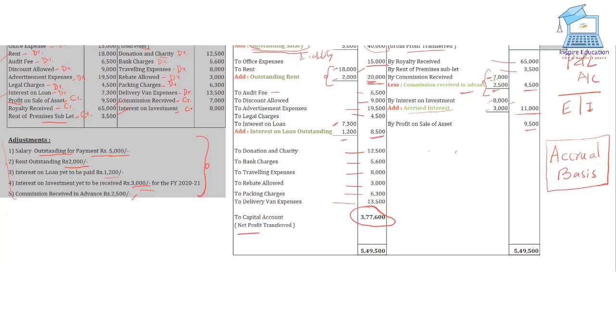So this is the net profit transferred, and we will write it like this to capital account, because this profit will be transferred to capital account. Net profit transferred. If there is any question, you can ask.